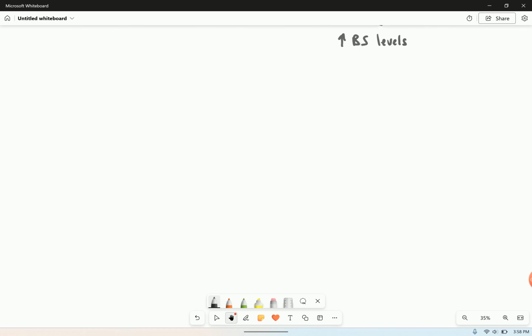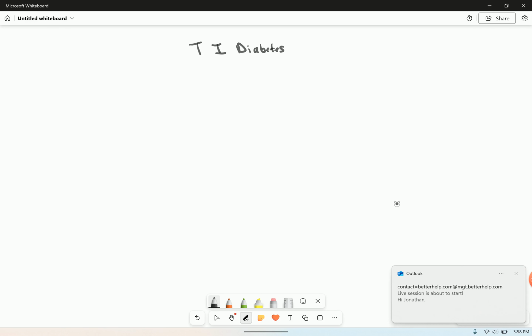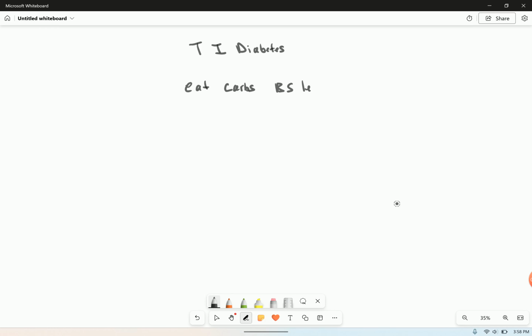Going back to type 1 diabetes. When you eat carbs, blood sugar levels increase.